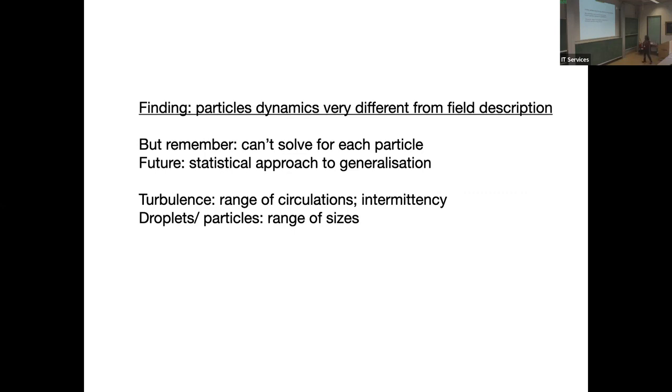You can actually use analytical, basically pen and paper solutions of the kind we wrote down, to generalize with statistical approaches. In turbulence, we know there's vortices, but there's a range of circulations and intermittency. All that can be taken into account by just changing the circulation and things in our model. And even for a range of particles, big particles and small particles can cross each other and coalesce. You can calculate all of those things.